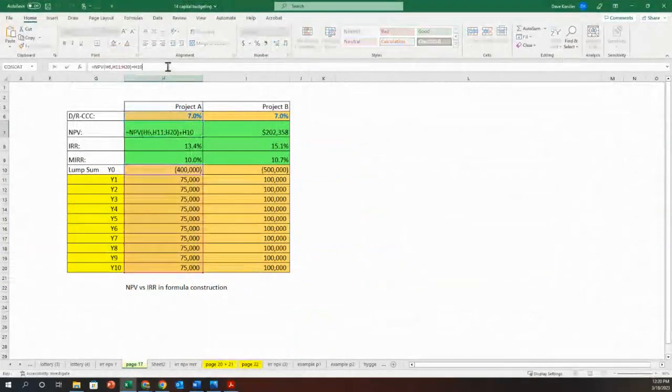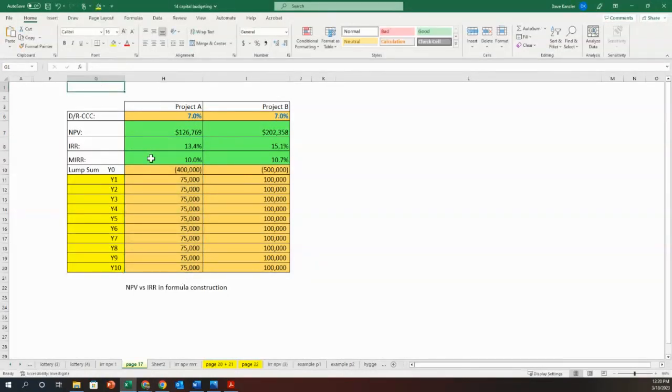Net present value. H6, my discount rate. H11 to H20, my outflows, close the parentheses, plus my lump sum 0. IRR, I just painted year 0 to here. The MIRR, I painted H10 to the H20, and then I just did H6 twice. Keep it simple.